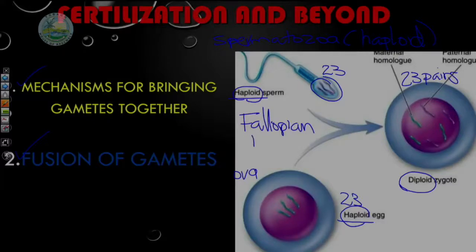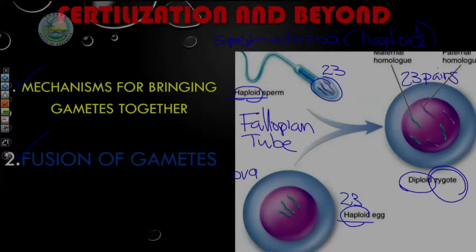So in the fallopian tube, we have fertilization taking place. Fertilization is the fusion of the haploid sperm with the haploid ova to create a zygote, right? With the full amount of chromosomes.